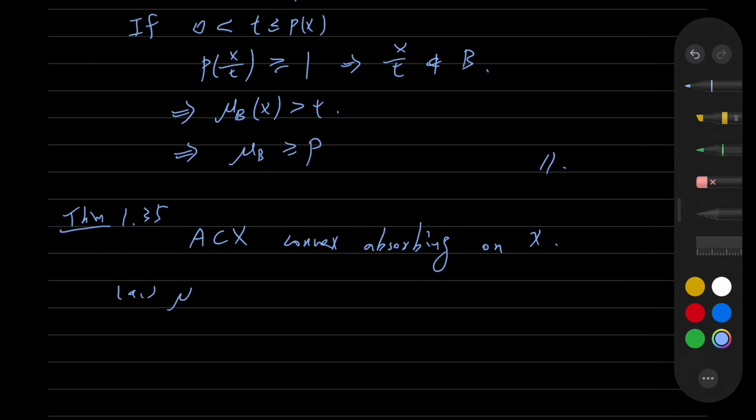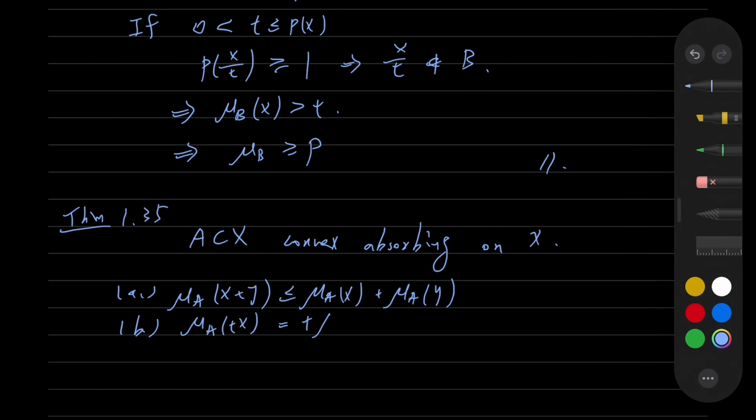Then it will have the properties of subadditivity, and it will preserve positive scalar products. So mu of T x will be T times mu of x for T positive or non-negative.